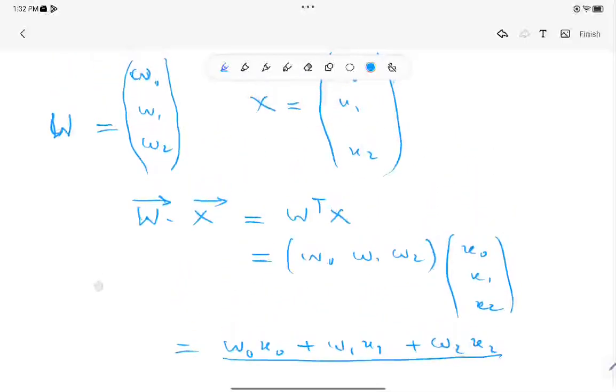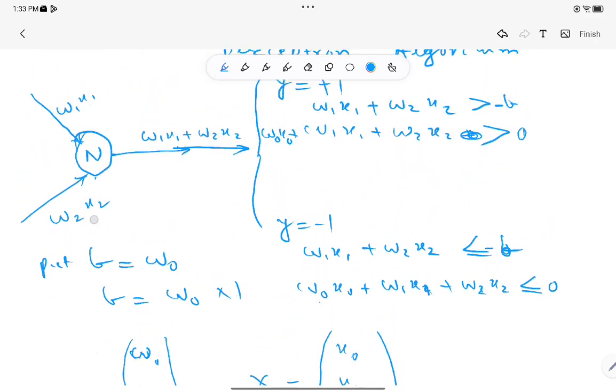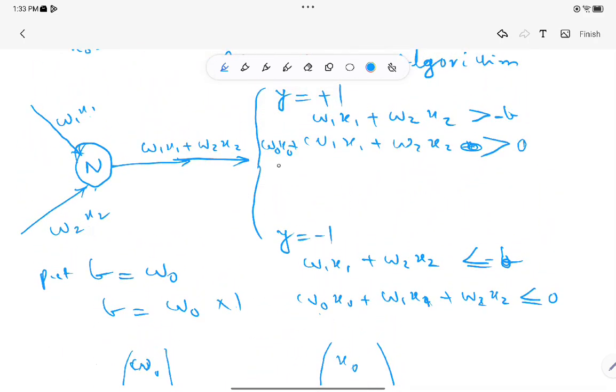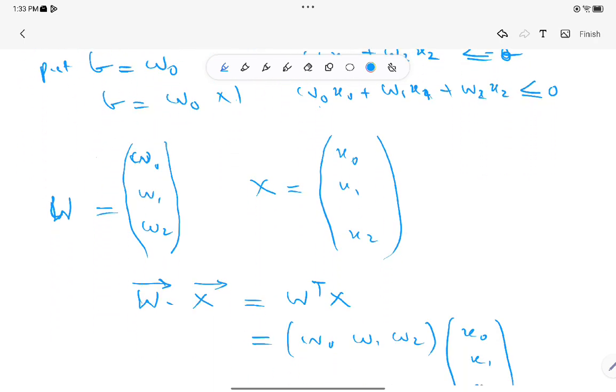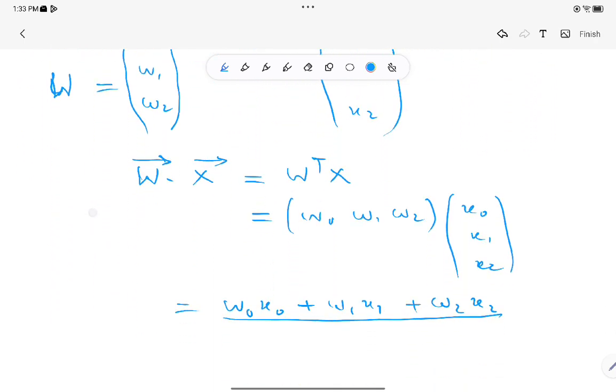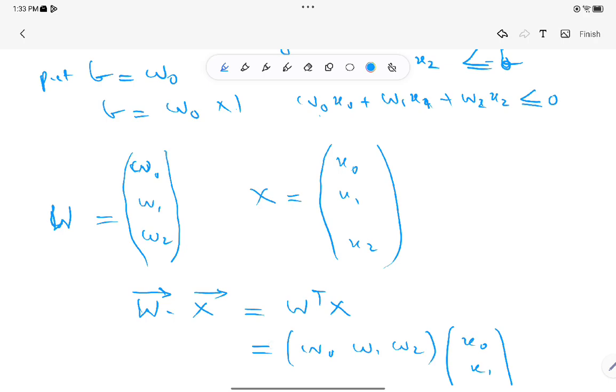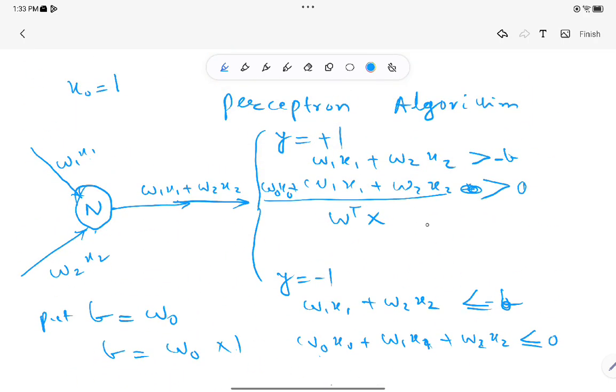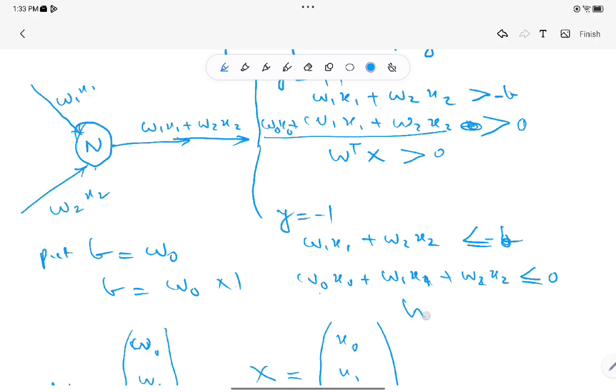So instead of this expression, I will write W^T x. W^T x greater than 0, and here you have W^T x less than or equal to 0.